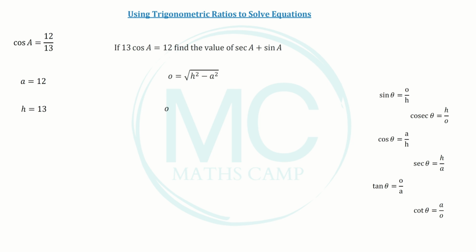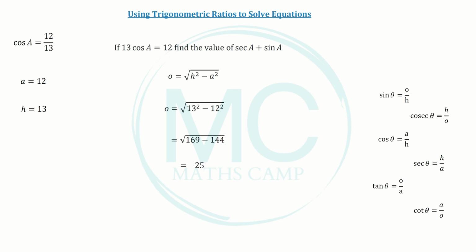We can say O is equal to the hypotenuse, which is 13, squared, minus the adjacent side, which is 12, squared, all under square root. Now we can square our terms. 13 squared is 169, minus 12 squared, which is 144, all under a square root. 169 minus 144 gives us 25.